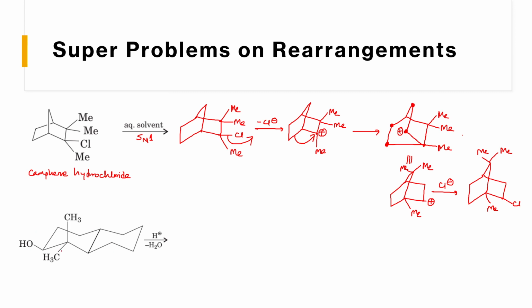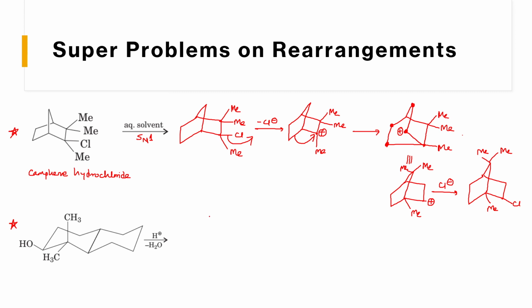नेक्स्ट क्वेश्चन बहुत सिंपल सा है. आप यहाँ पे अल्कोहल लिए हो H+, so the moment you see OH and there is H+, the first thing that you need to do is you have to react OH with H plus.